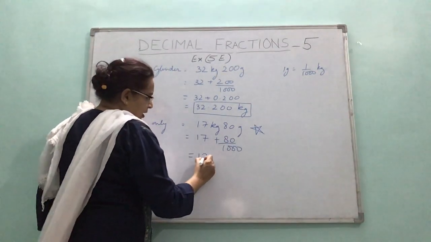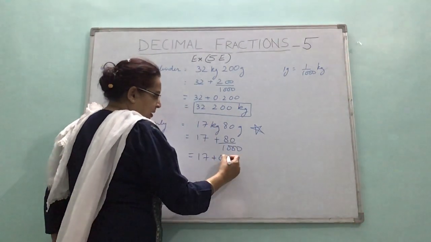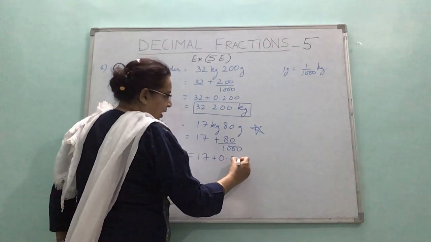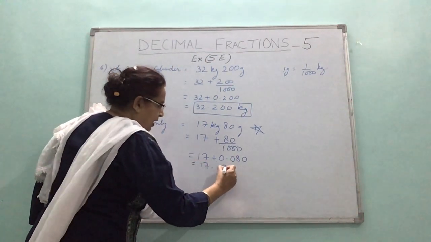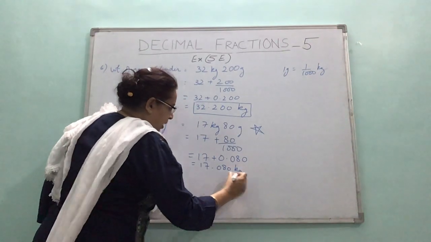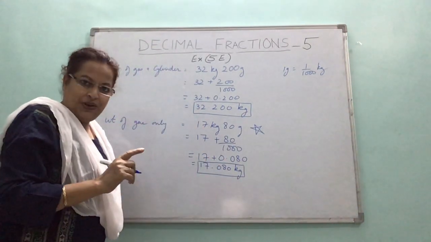Well, 3 places plus 0.3 places means 0.080. So it is 17.080 kilogram. Be very careful, children, this is important.